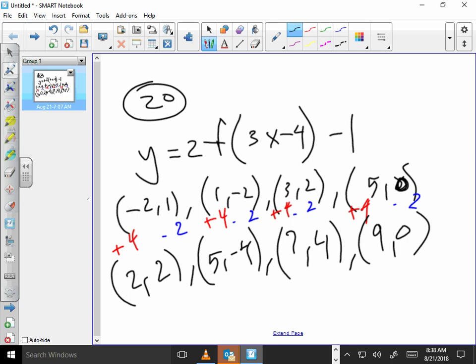Why would I be adding 1? But on the outside, I do what I see. You just told me to multiply. I see multiplying. I did multiplying. I need to subtract 1. So I'm going to subtract 1 from those y values. Okay, Cecilia, what's left?